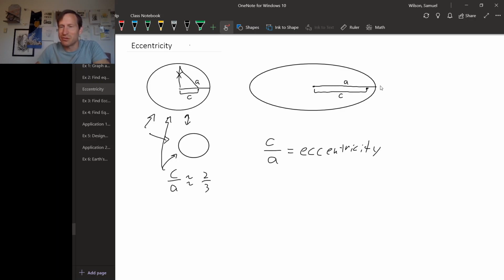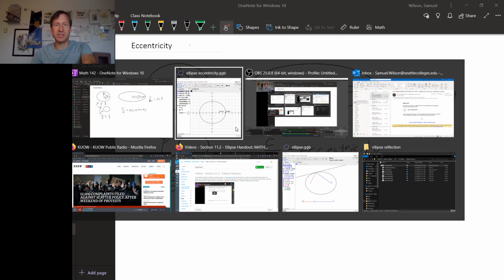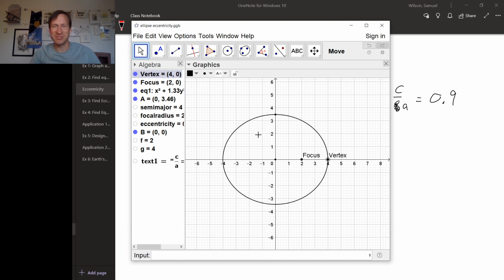So for this ellipse on the right, C over A is going to be much larger because C is a much larger fraction of A. So maybe this time it's something like 0.9. So a larger eccentricity means a more stretched ellipse, and a smaller eccentricity gives you a more rounded ellipse. Just to see all of this put together, let's look at lots of ellipses all at once.